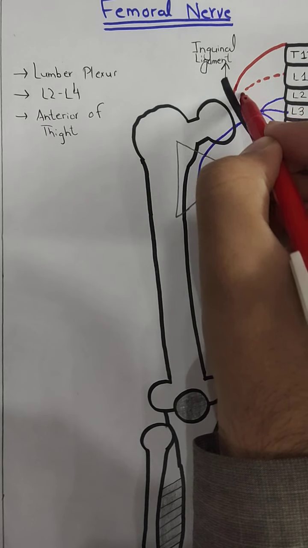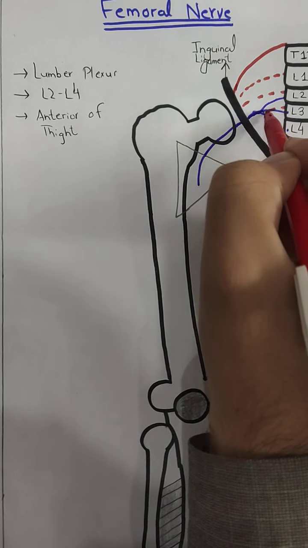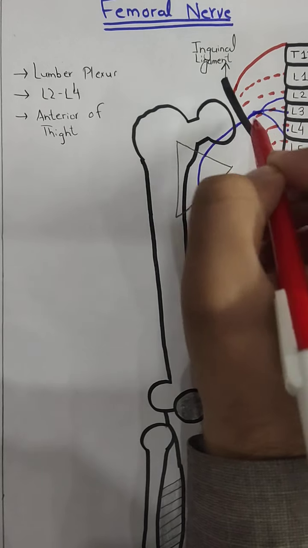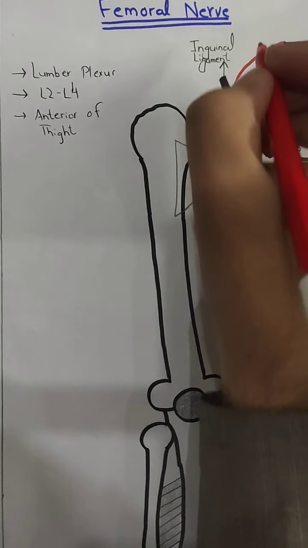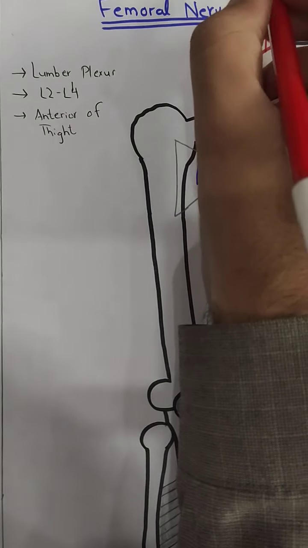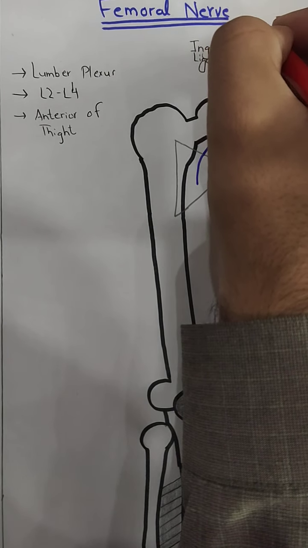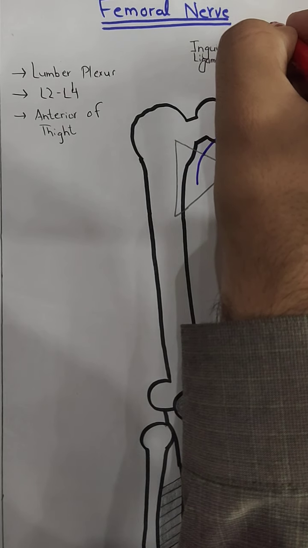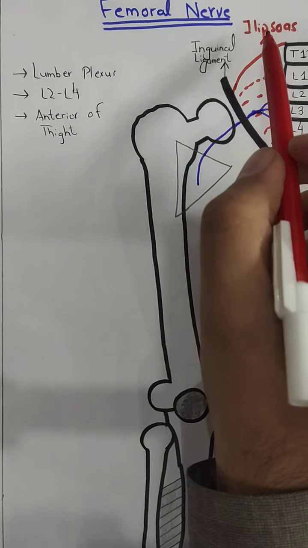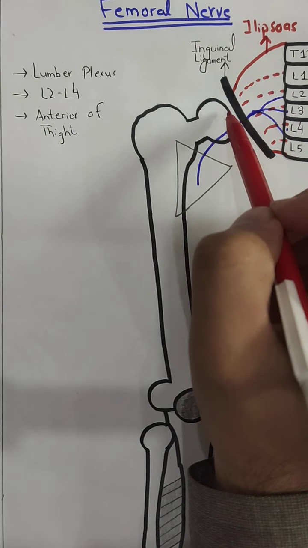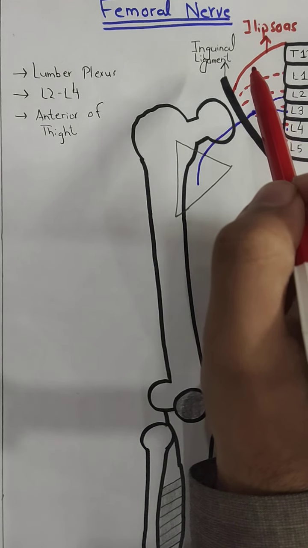The femoral nerve originates posterior to this muscle. But remember that it will not supply this muscle. It will just pass posterior to it.